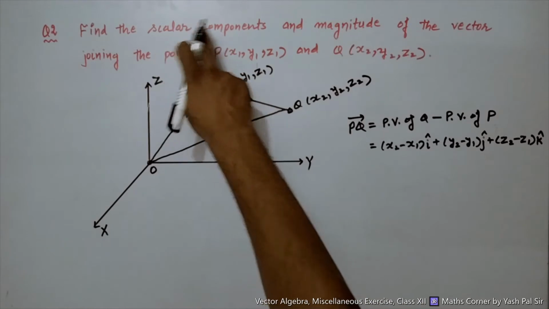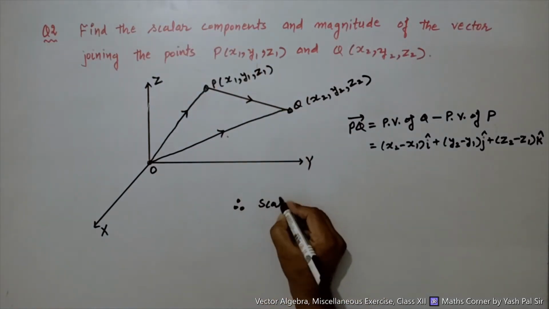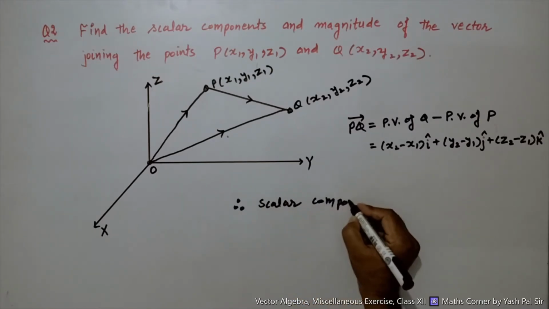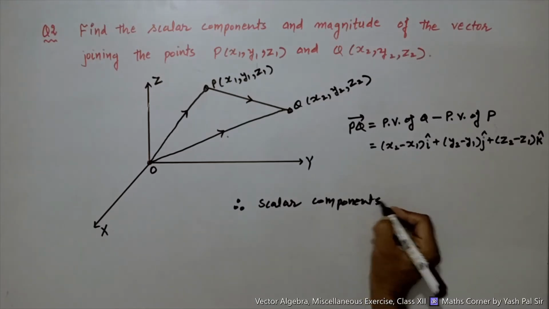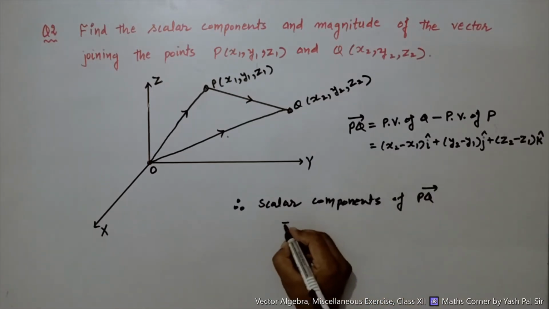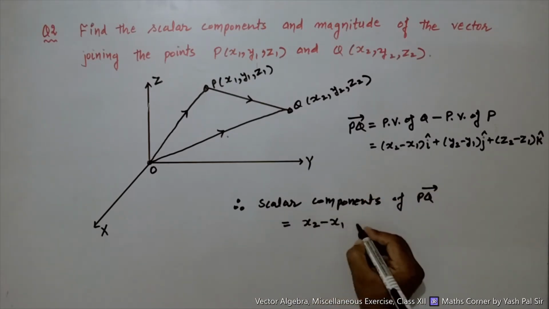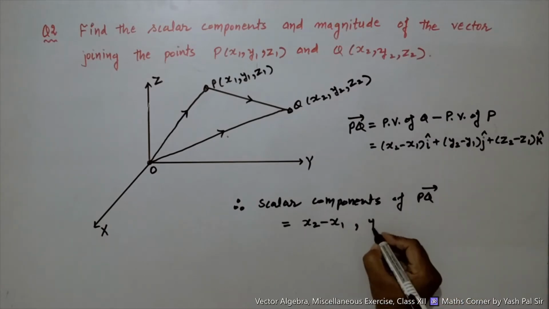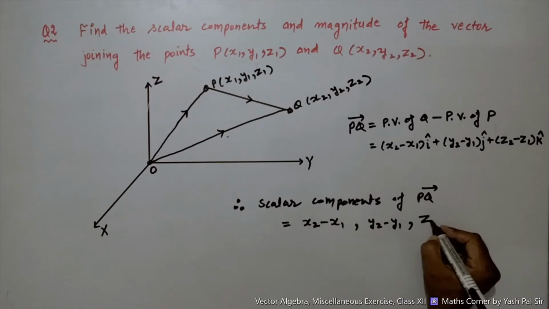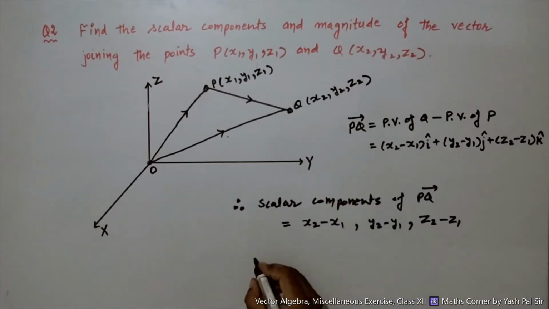So this way, first part, find the scalar components. Therefore scalar components of PQ vector are x2 minus x1 comma y2 minus y1 comma z2 minus z1. Second part is find the magnitude.